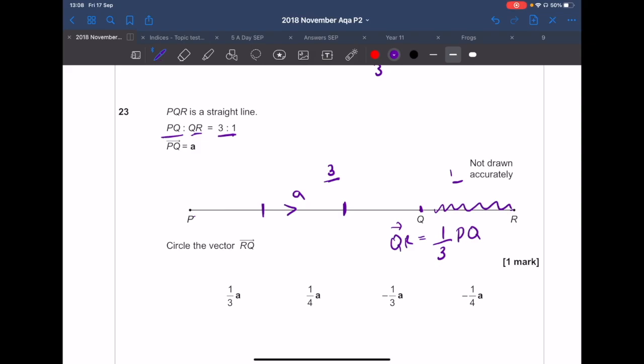So it's 1/3 of PQ, and PQ, the question tells us, is a, so that'll be 1/3 a. But we're not after QR, we're after RQ, the opposite direction. So RQ is simply going to be minus 1/3 of PQ, minus 1/3 a. This is the correct answer for us.